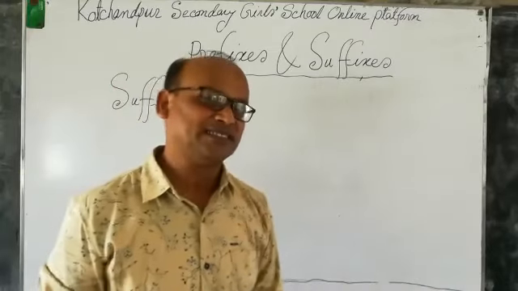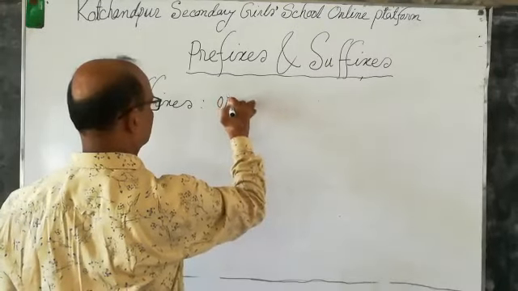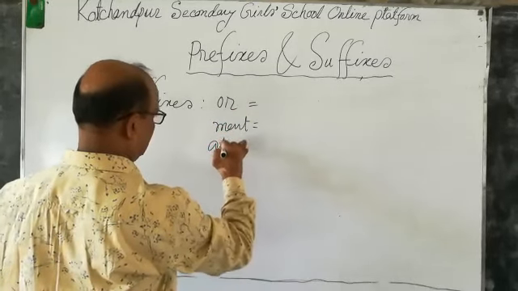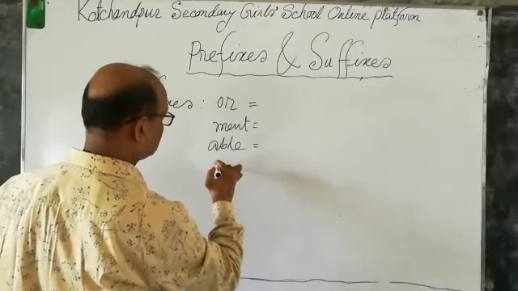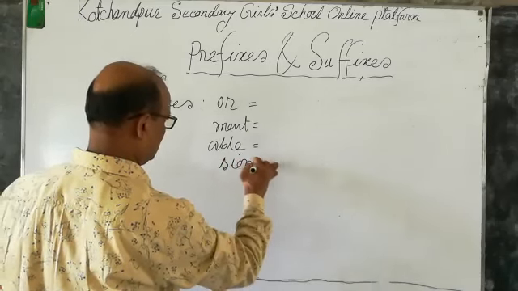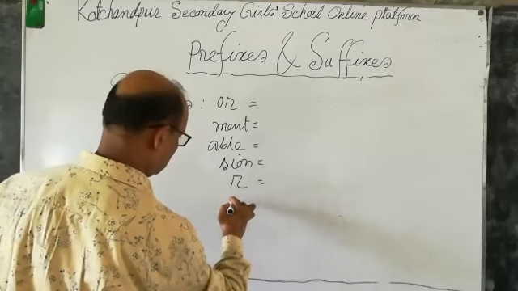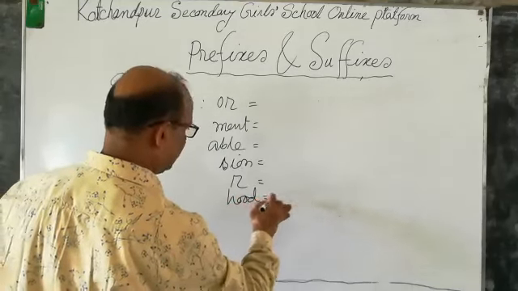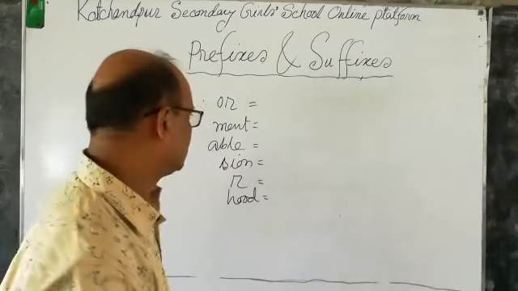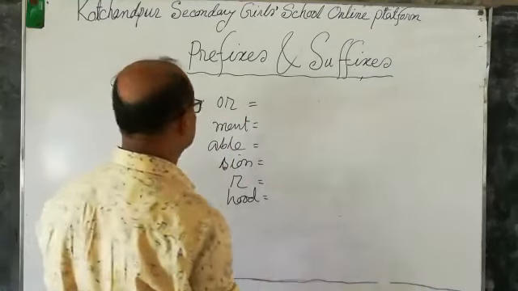We have also a lot of suffixes, but mostly used are or, ment, able, sion, er, hood, etc. For better practice, you may follow a good English grammar book. You get a lot of exercise there. Okay.